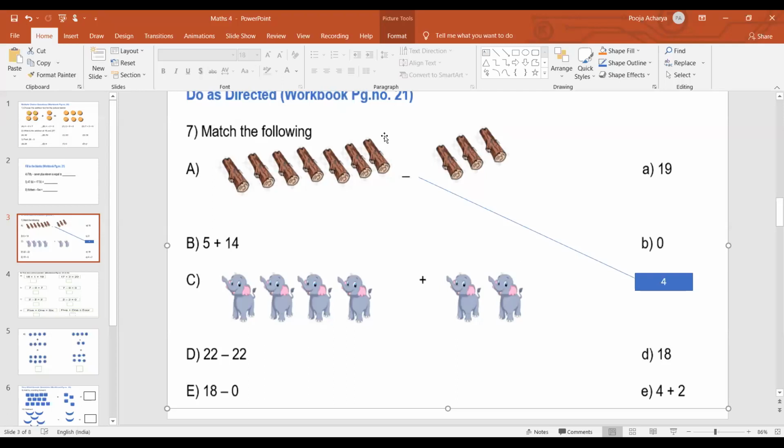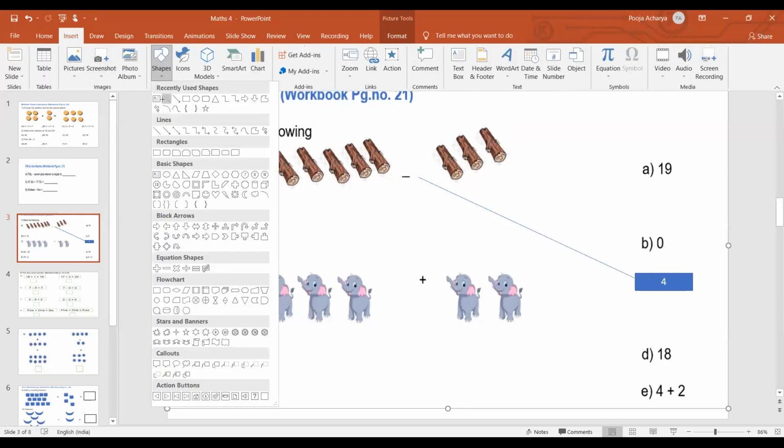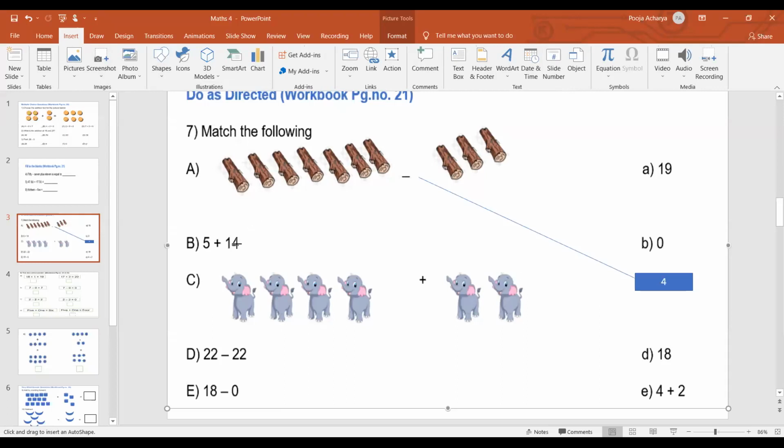Why? Because this is a plus sign. Okay, 14. After 14, which number comes? 15, 16, 17, 18, 19. So 19. So we are going to match. Where you can see 19 over here, A1.